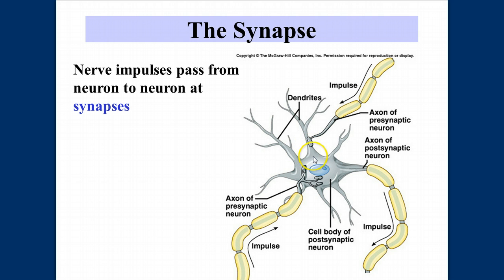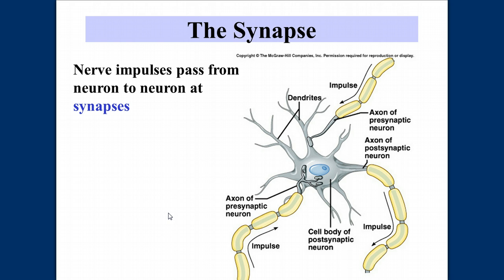After the synapse, this is all considered postsynaptic. So you have really two nerve fibers that are connected, and the impulse only travels in one direction. Presynaptic is the sender, postsynaptic is the receiver.